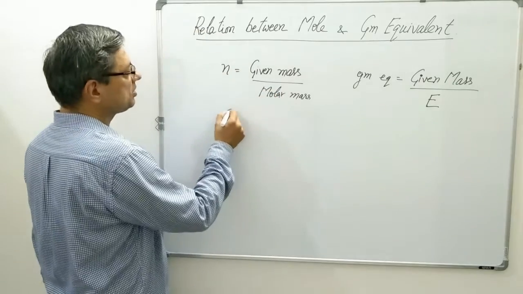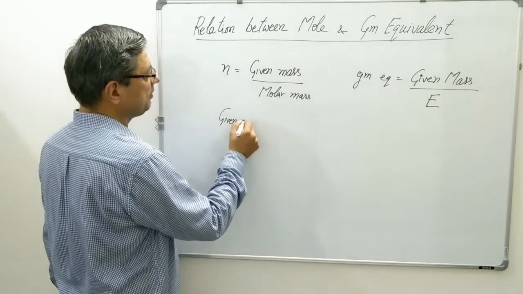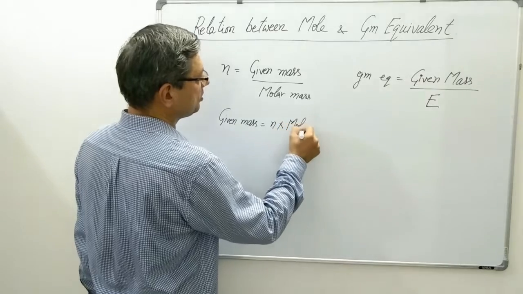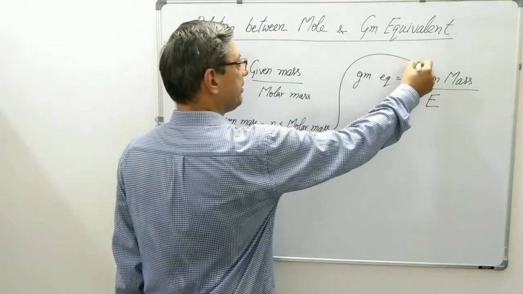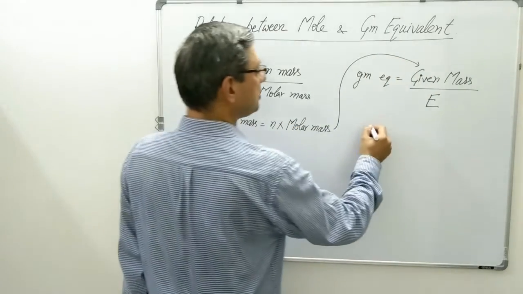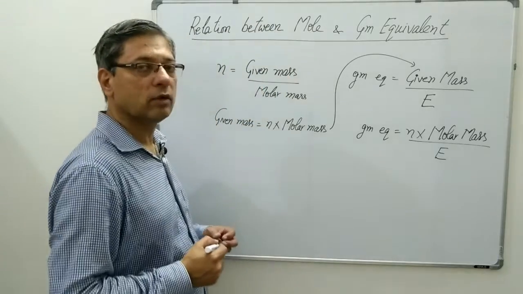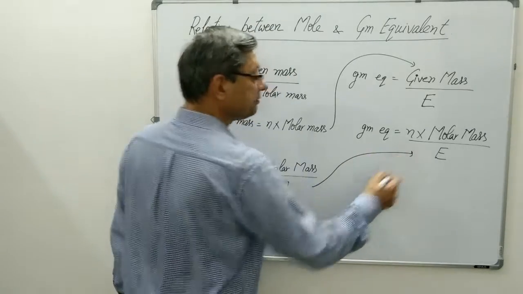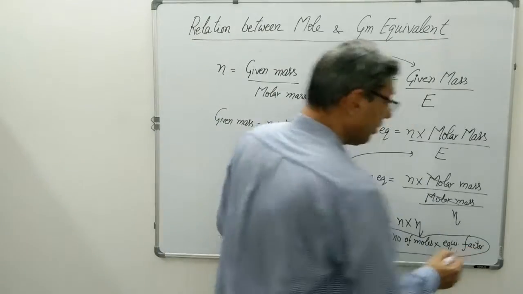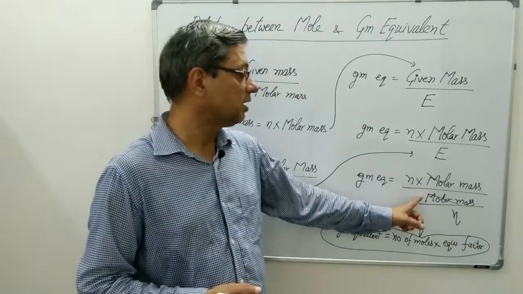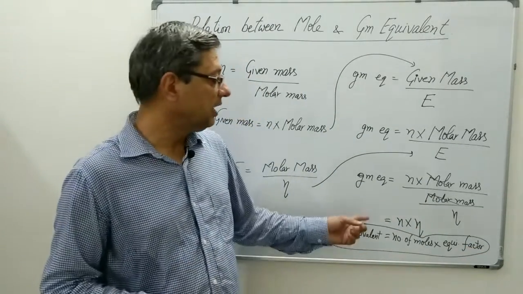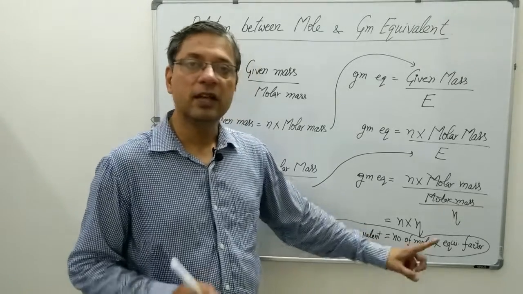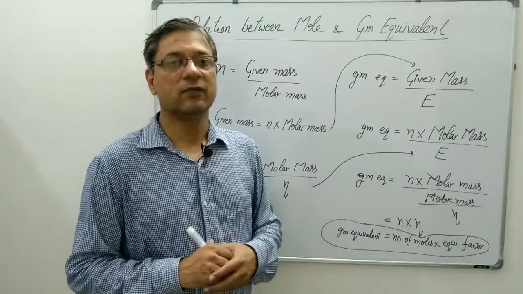From the formula of moles, given mass will be equal to n into molar mass, where n means number of moles. Putting given mass in the formula of gram equivalent, where equivalent mass is molar mass upon equivalence factor, the molar mass upon molar mass will get cancelled, and the answer will be number of gram equivalents equal to number of moles into equivalence factor.